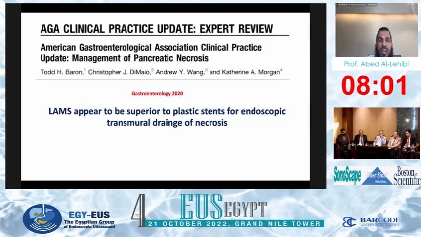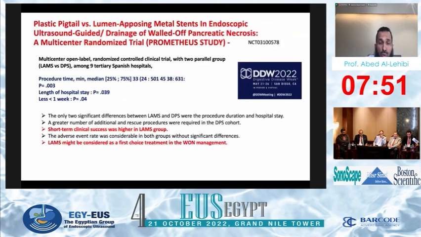This is one of the clinical guidelines, an expert review update from 2020. They clearly stated that LAMS appear to be superior to plastic stent in managing patients with walled-off necrosis. This is a published abstract of one of the trials comparing the luminal stent and plastic stent, from DDW 2022.